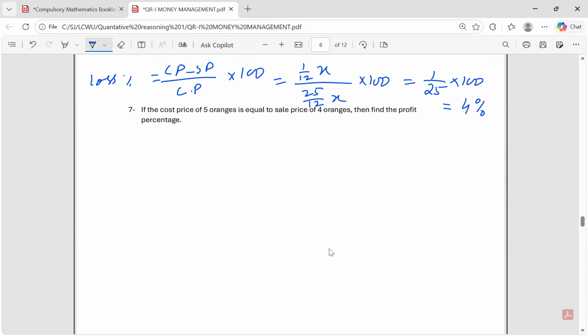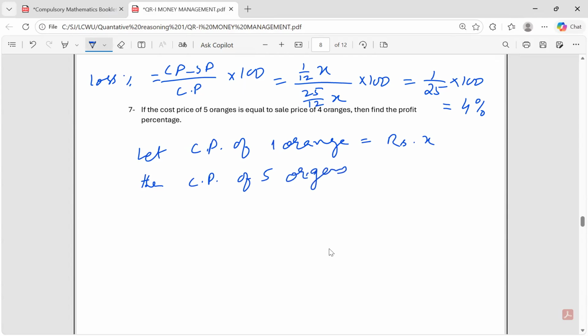Let the cost price of 1 orange be X rupees. Then the cost price of 5 oranges is 5x, and you are given that the cost price of 5 oranges is equal to the sale price of 4 oranges.